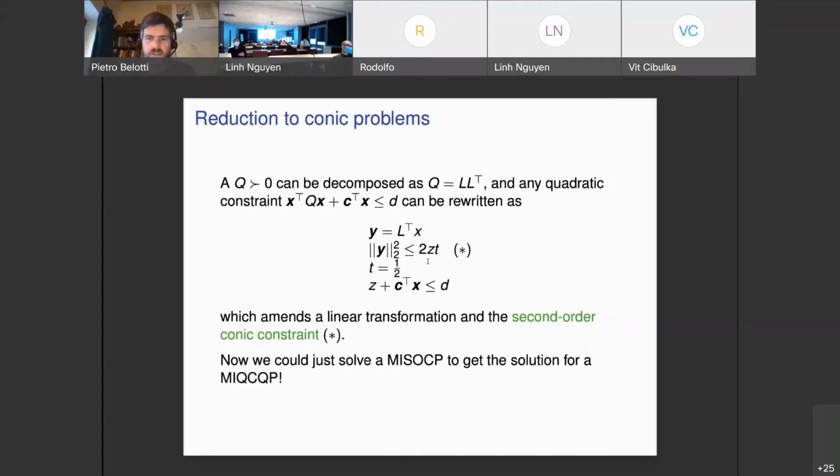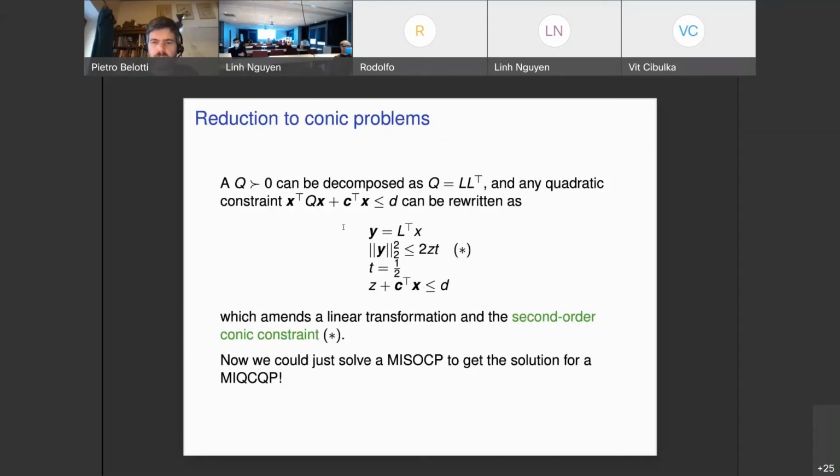It is actually easy to derive with simple algebra, but it can also lead to drastic improvements in performance. So if Q is positive definite, then it can be decomposed with an L L transpose decomposition as a product of two lower triangular matrices, L and its transpose, which means that the quadratic constraint that we write here can be rewritten as a set of linear constraints.